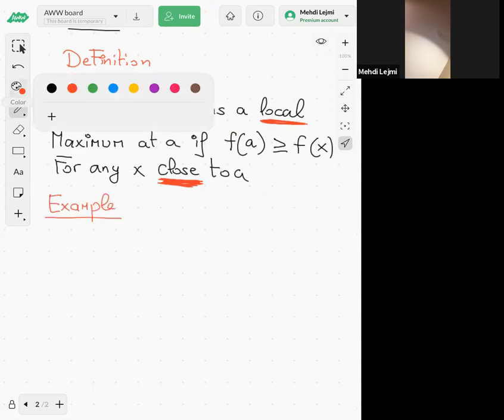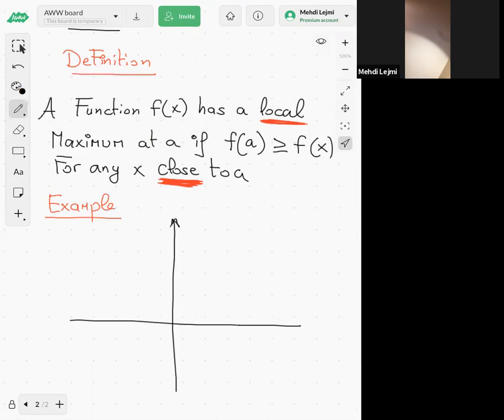So for example, let's say I have the following graph. Let's say I'm going to start from the bottom here. This is my f of x.